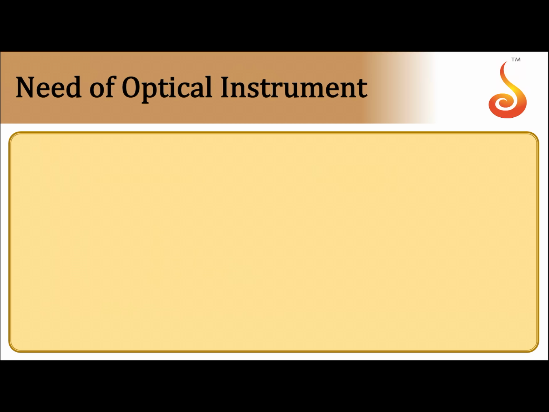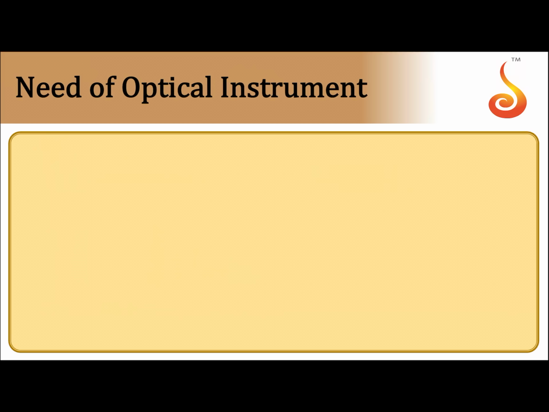Now coming to the optical instrument. First, why is there a need for an optical instrument? An optical instrument will help us see in three different ways. We had discussed this in ray optics also. First, it will bring the object to the near point or far point, wherever you have to bring it.